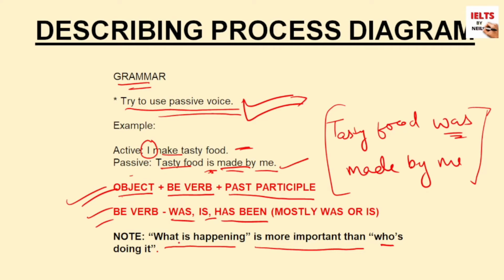What is happening, what is the action that is taking place, like washing, rinsing, that is more important as compared to who is doing it. So I hope it's clear to you. The grammar we have to use in the process diagram is the passive voice. If you want me to make one dedicated video for active and passive voice, please do let me know in the comment section below. I'll do that for you.